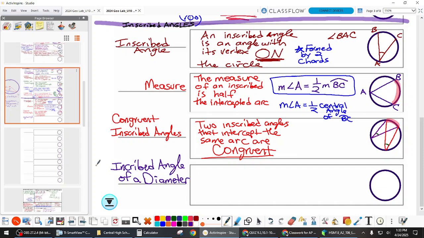So an inscribed angle of a diameter. Do you see how none of this is super hard? It's like half, right? The relationship is easy. It's just seeing it that sometimes gets hard.